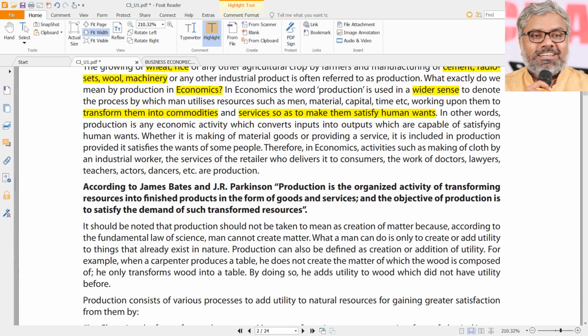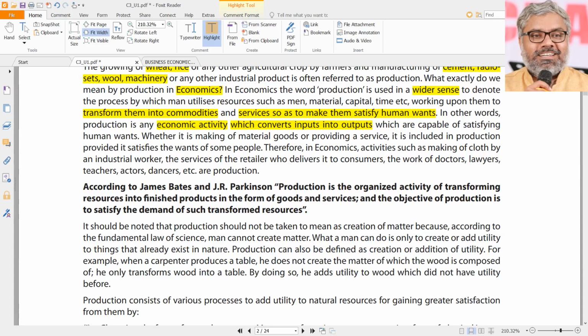Simply, that which converts inputs into outputs capable of satisfying human wants is what we can call production. So that is an economic activity. Once again, an economic activity which converts inputs into output. Naturally one more question comes: sir, what is this economic activity? Is every activity an economic activity? Once again, the answer is no.